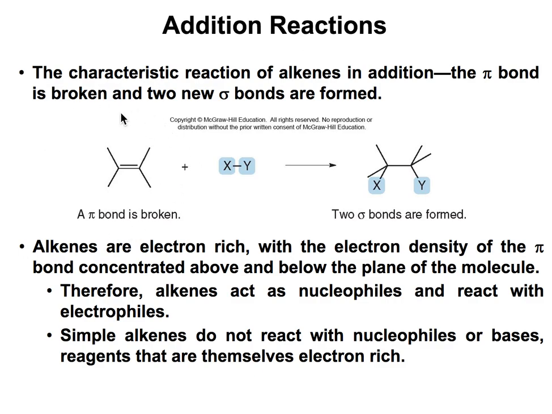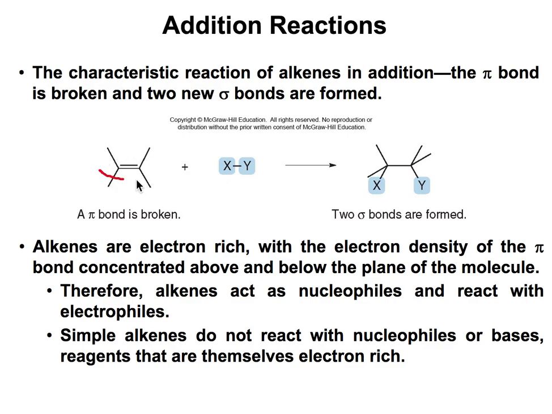We go from a double bond, and then two elements will be added to that double bond. So a pi bond will be broken, and then two sigma bonds will be formed, because the X will be added on one side and the Y will be added on the other side, but this XY sigma bond is also broken.